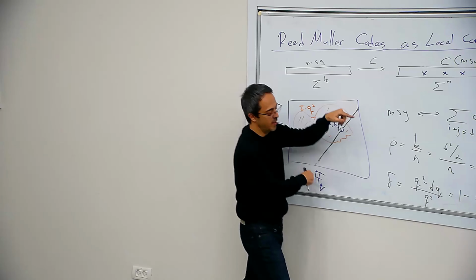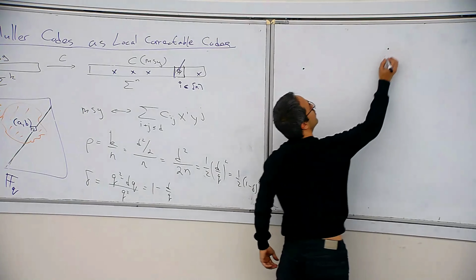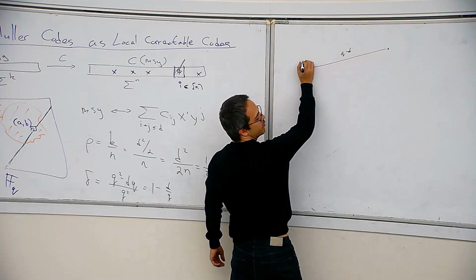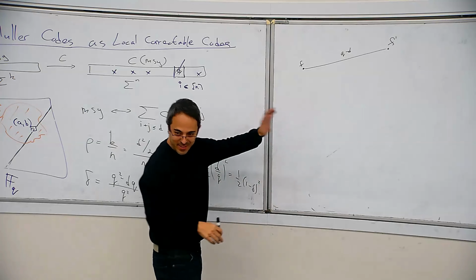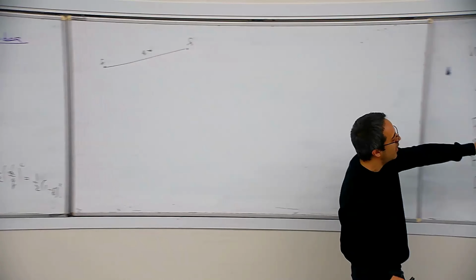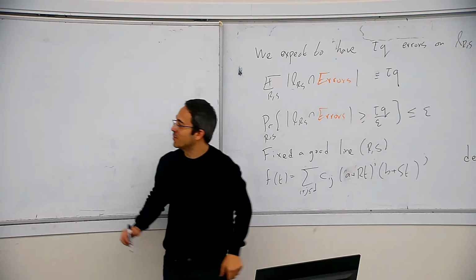And so in my head, I'm thinking this is one polynomial, this is another polynomial, and their distance is Q minus D. This is one F, and this is another F. And the number of errors that we are guaranteed to have when the line is good is at most tau Q over epsilon.